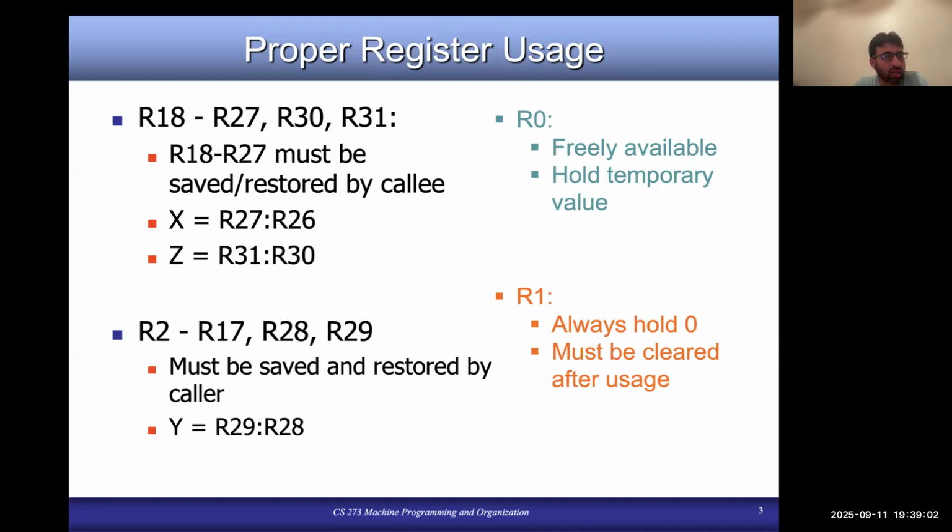We are not putting the responsibility on the callee function or the foo function to not override these registers. Maybe it will override, maybe it will not, we don't know, right?